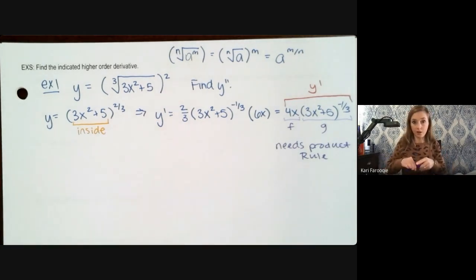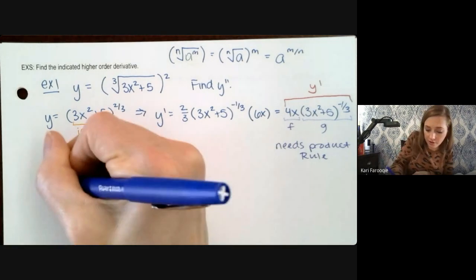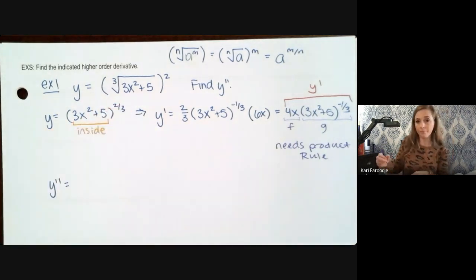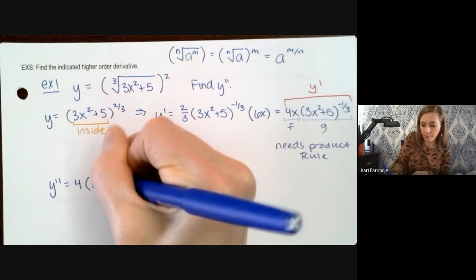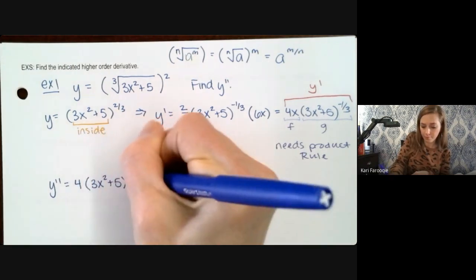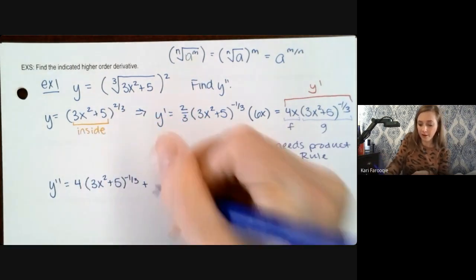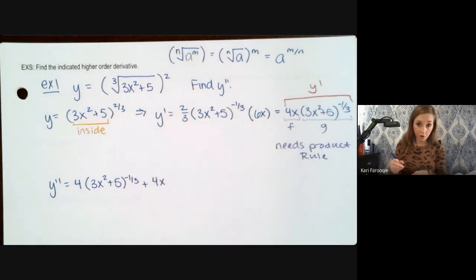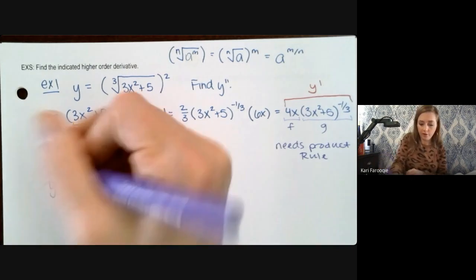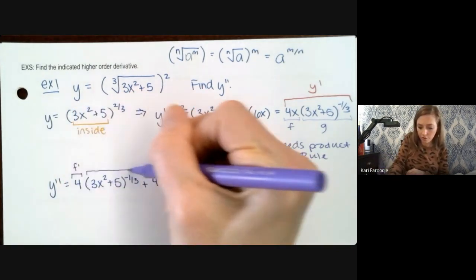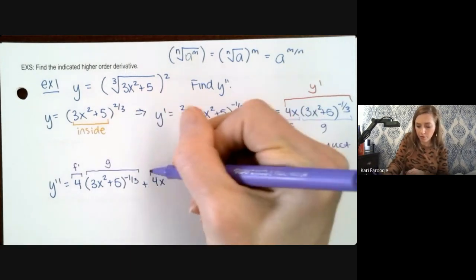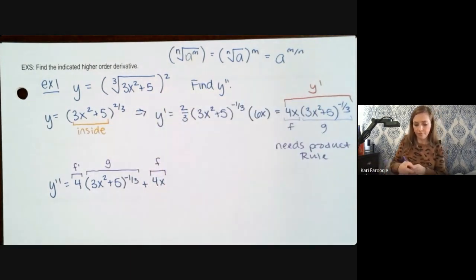Okay, so now let's go ahead and take this derivative to get y double prime. So I'm going to take f prime g plus f g prime. So I'm going to label what we have right now. So this is f prime g plus f.